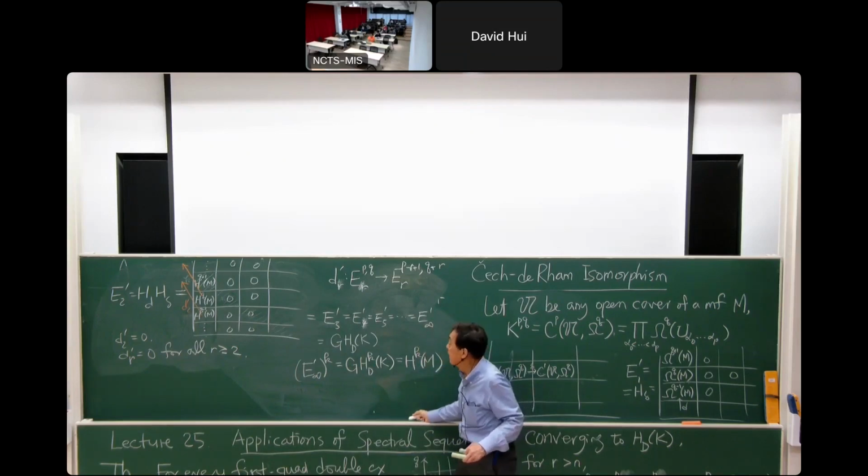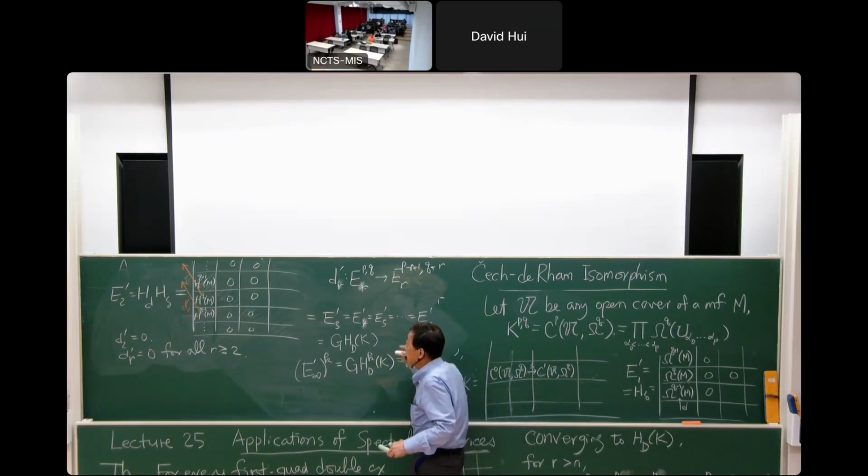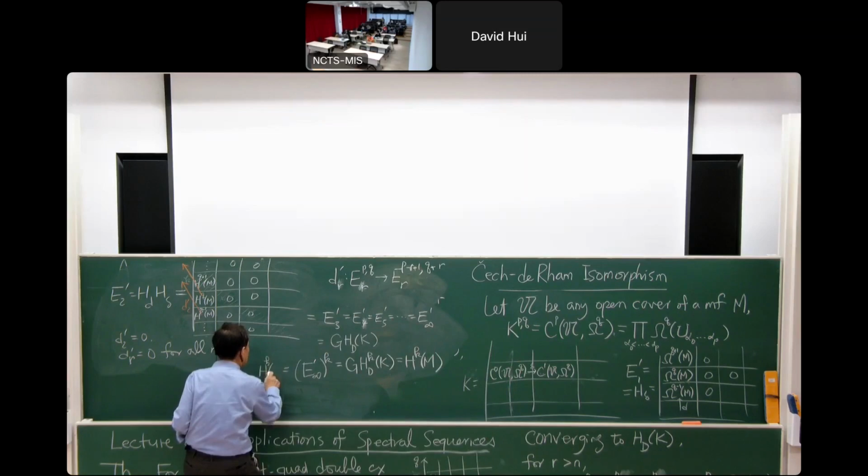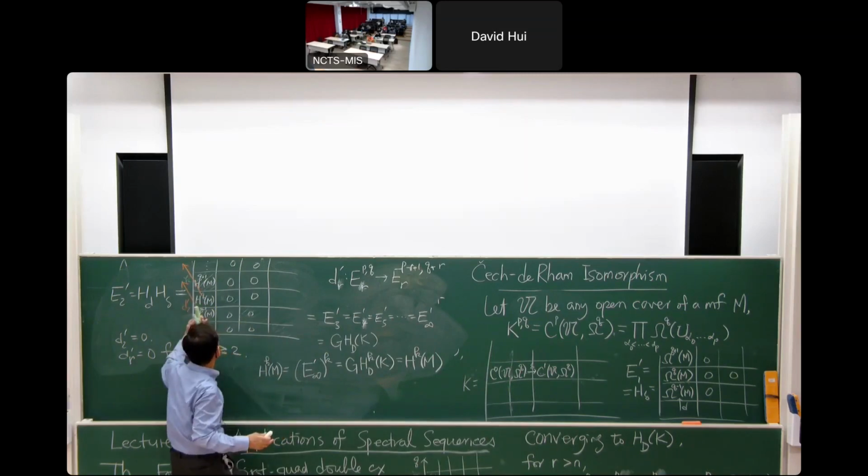Right? And it's H^K of M, it comes from here. It's E infinity. This is a picture of E infinity, and in degree K, you have only one box.